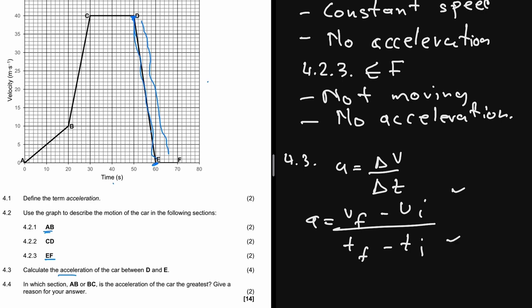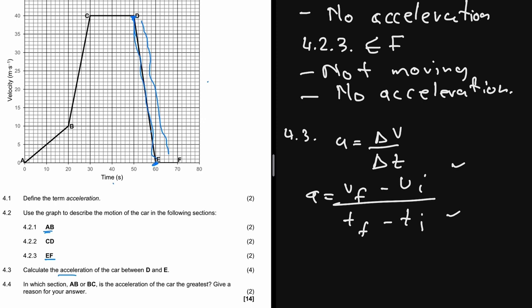If you look at the coordinates, the final point is E and the initial point is D. The point E has an x coordinate of 60 and a y coordinate of 0, because the velocity is 0 there.